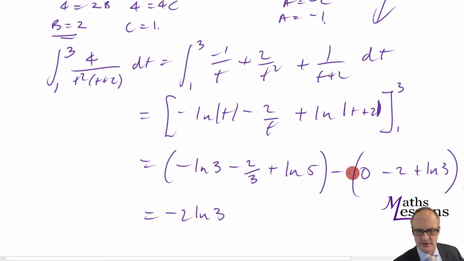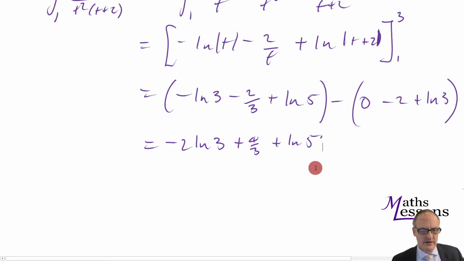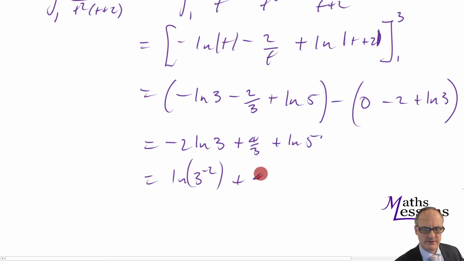I'm going to get minus 2, minus and minus is plus, so I'm going to get 4 thirds, plus natural log of 5. Now, what I'm going to do here is simplify this. If I've got minus 2 natural log of 3, this is equal to natural log of 3 to the minus 2, which gives me 1/9, plus 4 thirds plus natural log of 5.